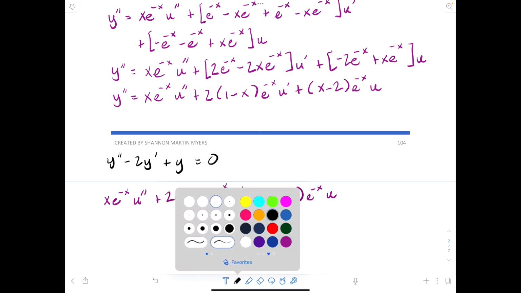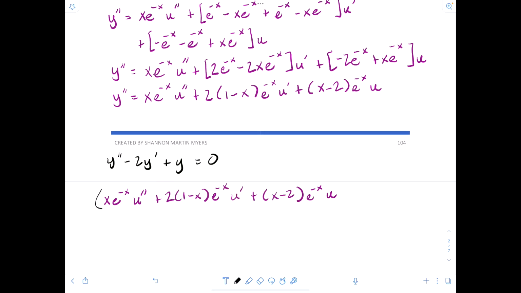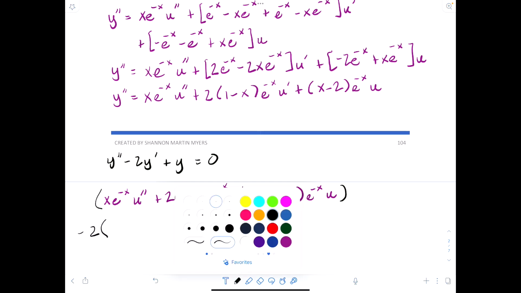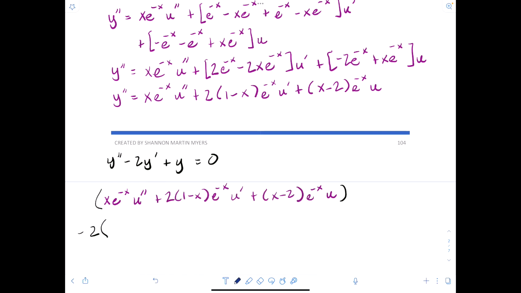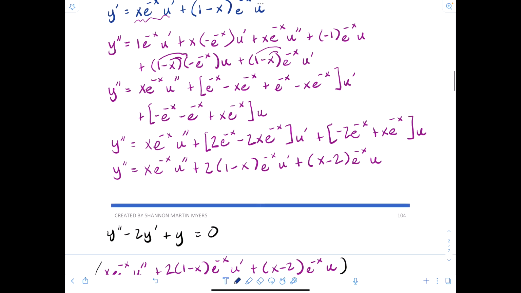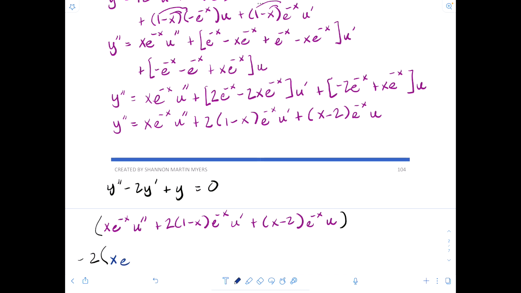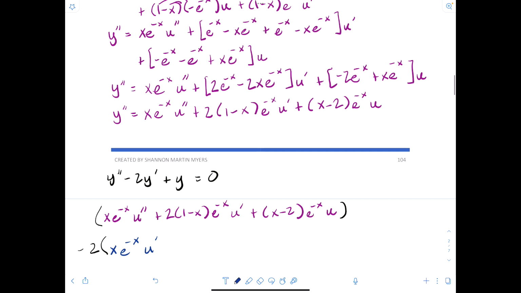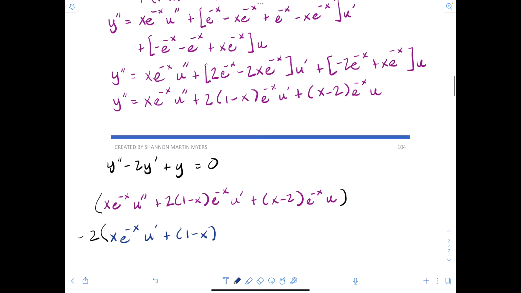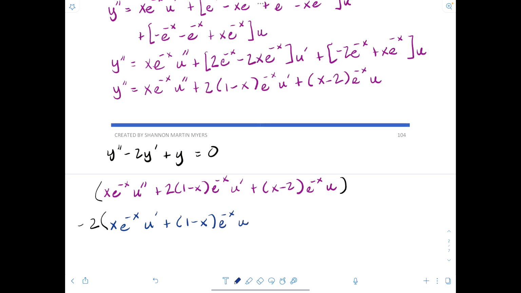And then minus 2 times y prime. Y prime we did in blue, I think. We ended up with xe to the negative x u prime plus quantity 1 minus x e to the negative x times u.